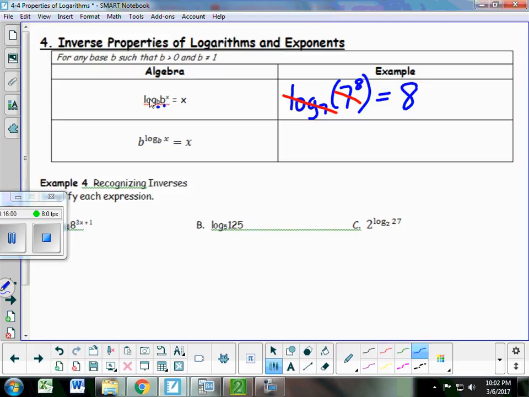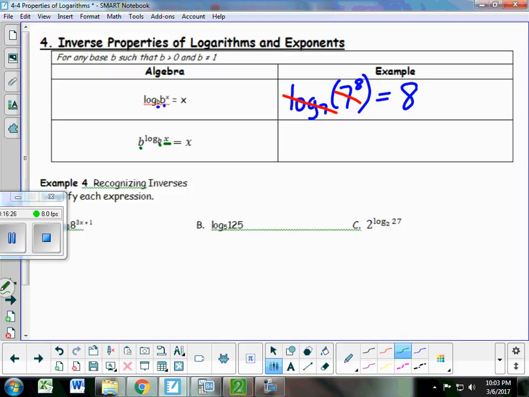That same idea applies when we have an exponent. So a base of b with an exponent of log base b. Again, we have two bases of b. Now they're written a little bit differently than what we saw in the one above it, but the same idea applies. Two bases put together through an exponential equation are going to cancel, and you're just left with that x.